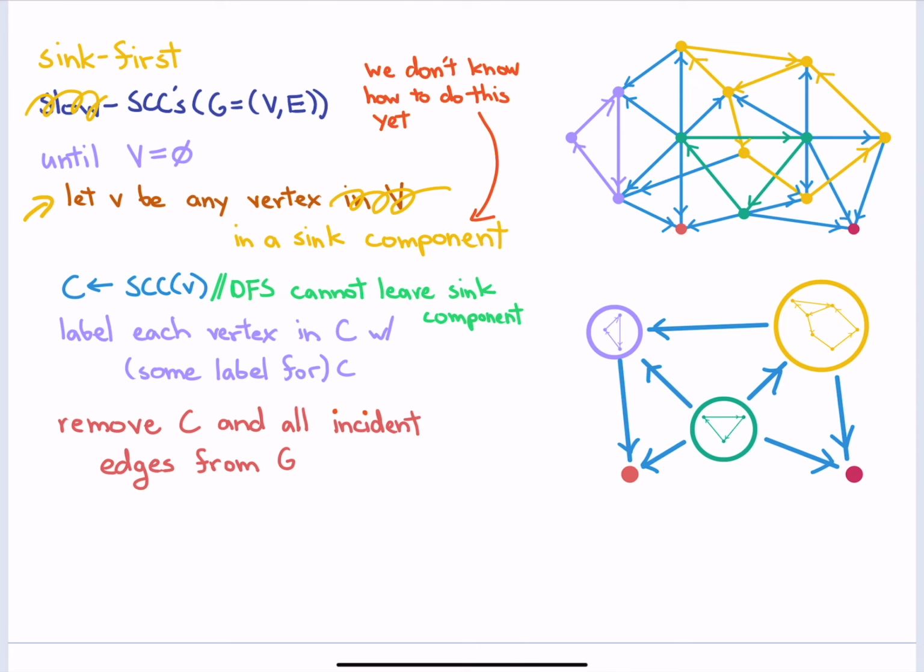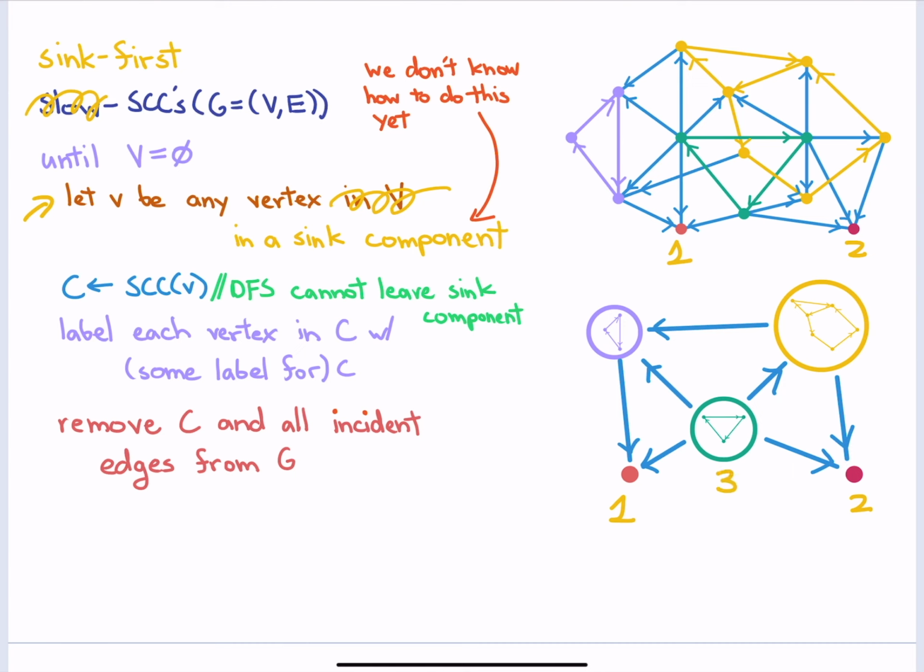But suppose I always chose a vertex from a sink component. That means my first choice of vertex would be maybe that red vertex down at the bottom. The second choice might be the other sink vertex, so that'll be 1 and that'll be 2. And that might be 3.